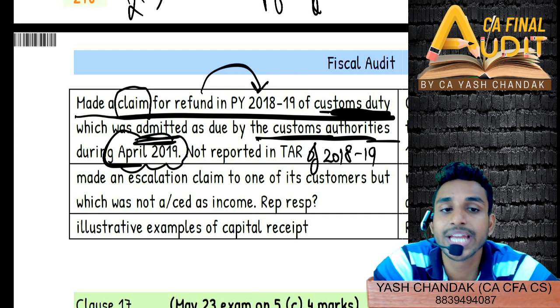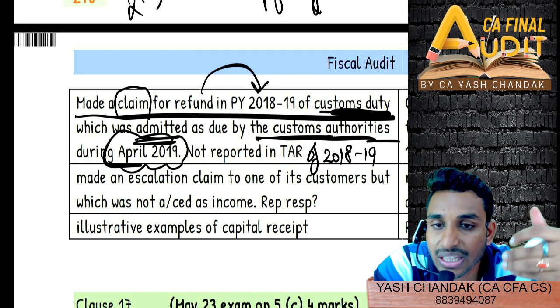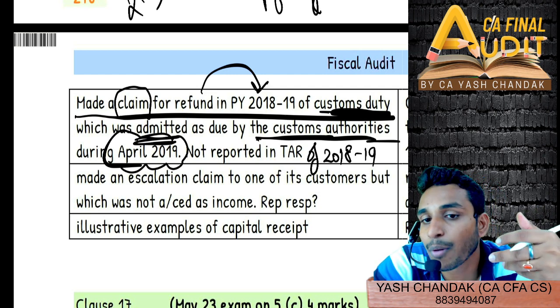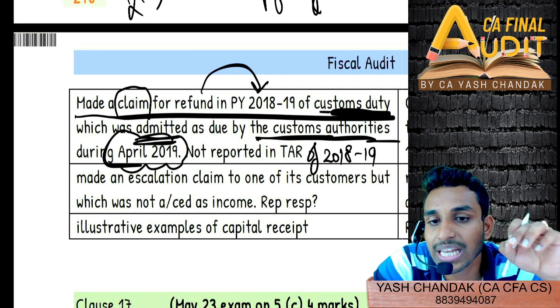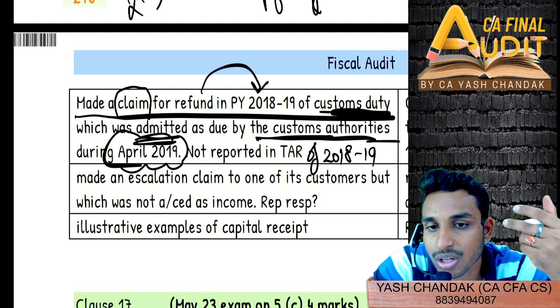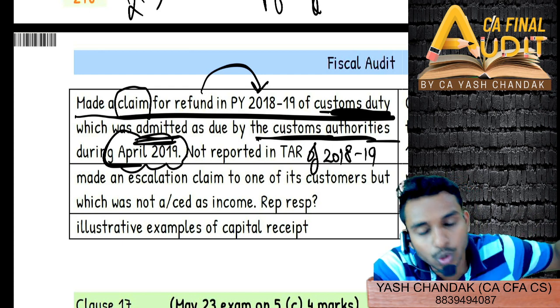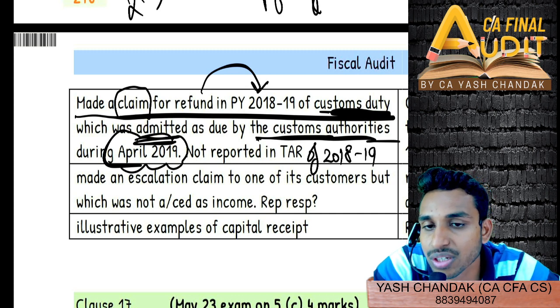No, I told you that on receipt of the refund, entities generally tend to follow cash system accounting in cases like this because they are skeptical about this. But income tax under clause 16 tells you to include this income under clause 16 when refund of duties, when you need to include under your income tax computation. When do you need to report under clause 16 of the tax audit report?